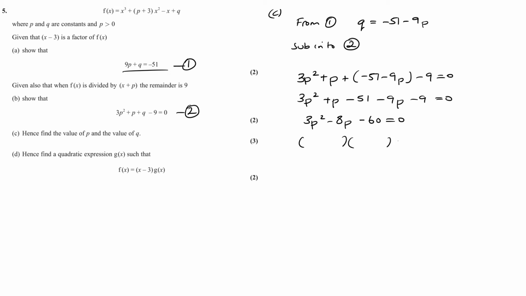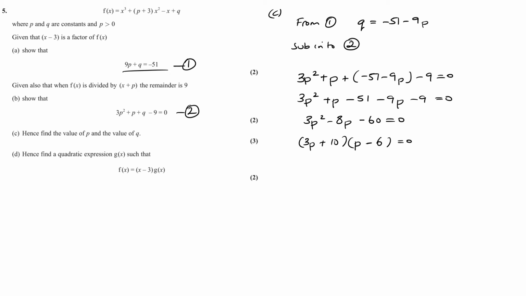So let's go to a couple of brackets. Factorise, use your calculator to help you, whatever it takes. So we're looking at 10 and 6, plus and minus. 3p squared minus 18p plus 10p gives me minus 8p, and 10 times minus 6 is minus 60.